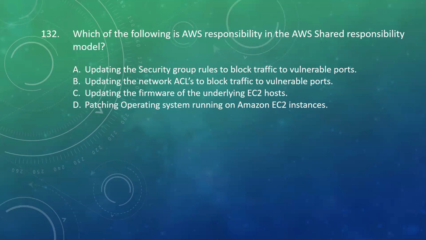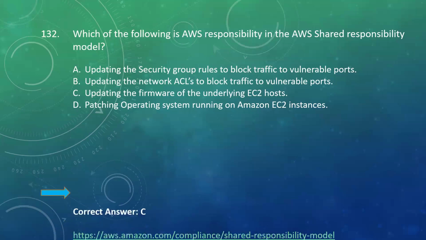Now, remember the quote that I was mentioning in one of the previous questions. AWS is responsible for security of the cloud and customers are responsible for security in the cloud. Going by that statement, you should understand that the correct answer is updating the firmware of the underlying EC2 hosts.